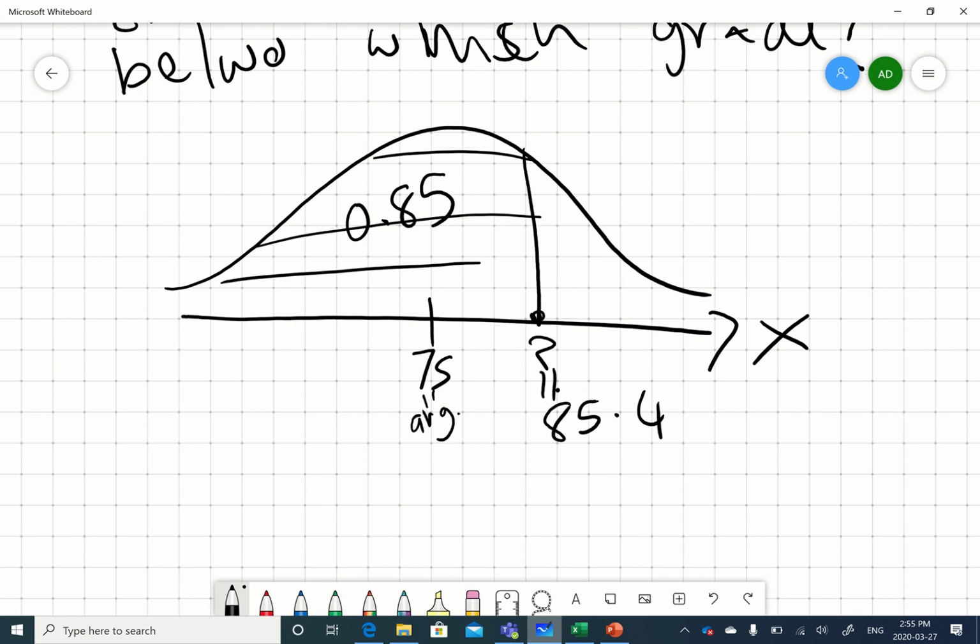Sometimes in the question you will be given the area to the right, for example, the top 15% of the grades would be above which number. Whenever you are given the area to the right, you are not going to use that. In Megastat, you always have to use the area to the left to figure out the point.